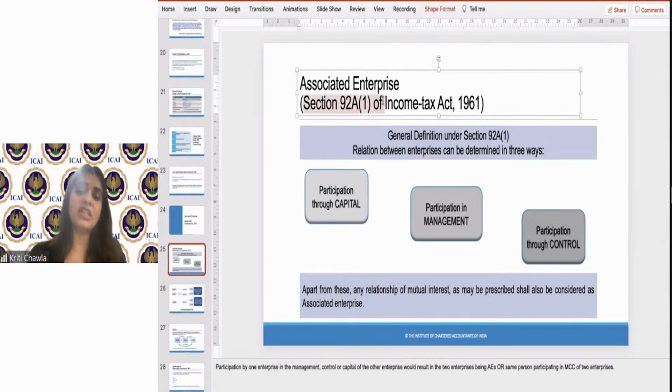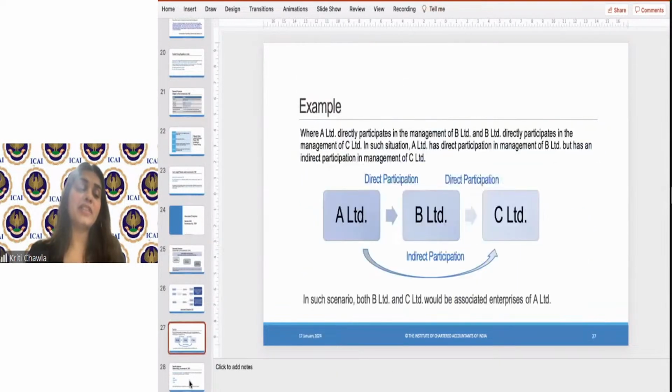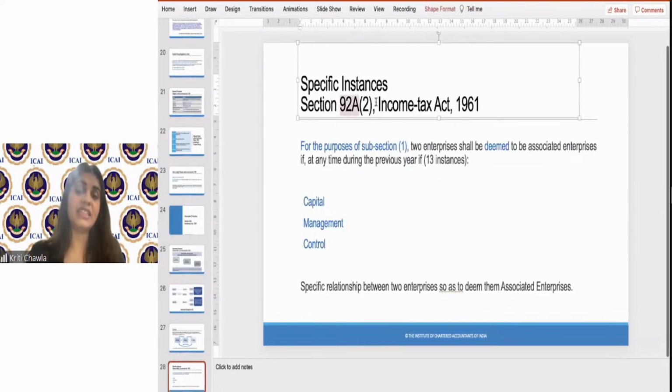That means this company is following 92A1. It is participating in the management, control, and capital, and it is somehow controlling the other company, because 92A1 is very general. But when you look at these specific instances, these 92A2 conditions, these two companies are not following these two instances. Now what happens?